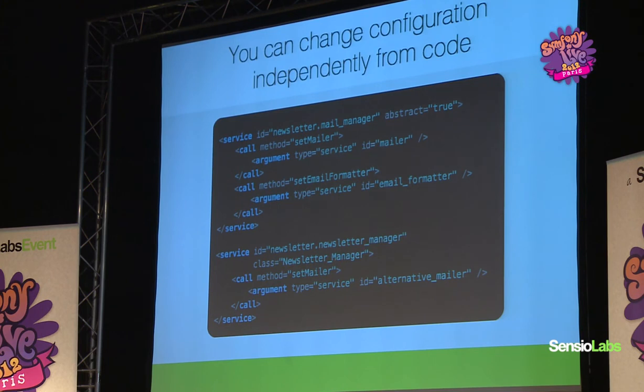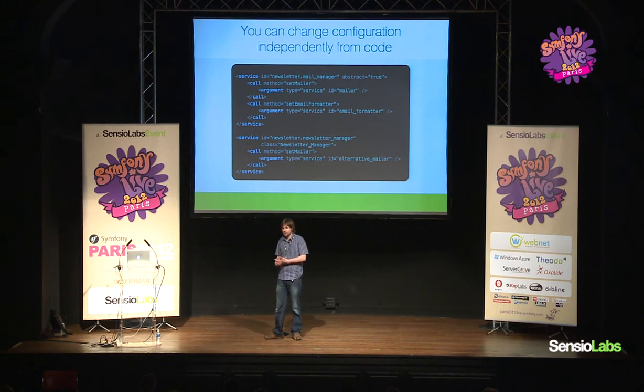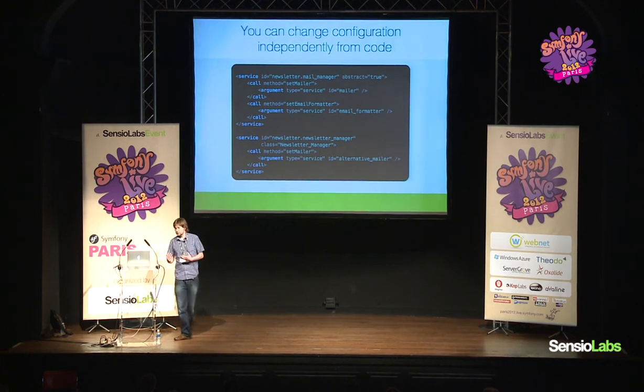But the good thing with this is that we can make changes to this just in the services. We don't need to worry about making changes in the code. So if we have a newsletter manager where we decide we don't want the email formatter at all, and we want to add an alternative mailer into it, then we can just change the configuration.